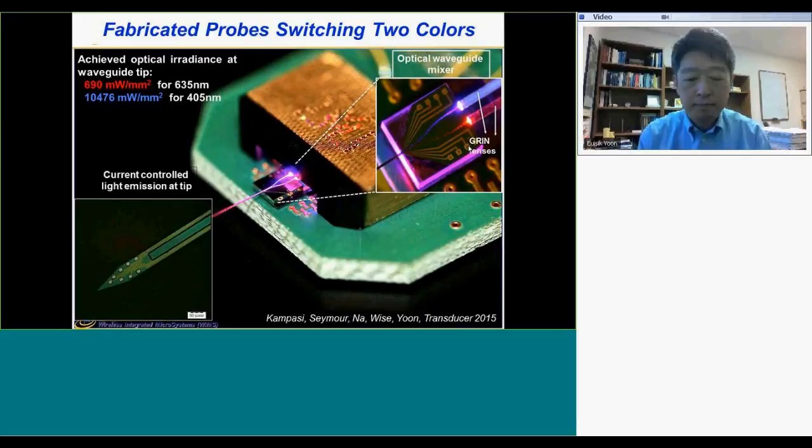This is the probe tip, where we have a recording site, and this is the end of the optical waveguide. You can see that by switching the LDs, you can have blue and red, and also mix the colors. You can switch with very high spatial and temporal resolution.